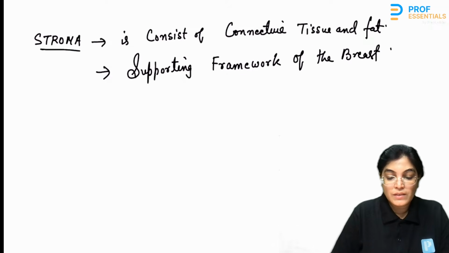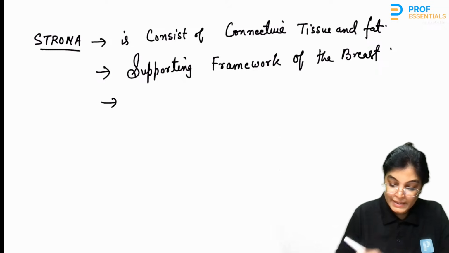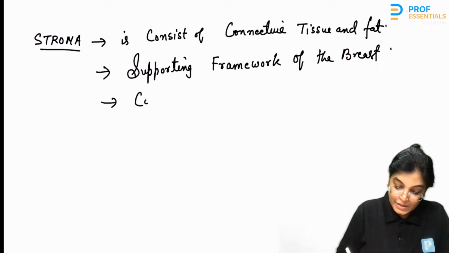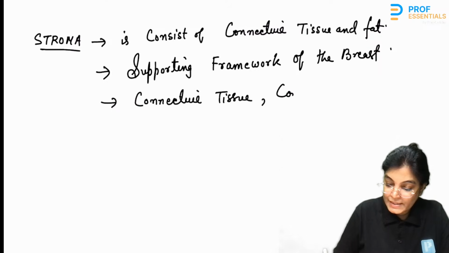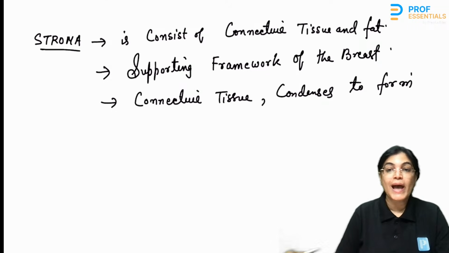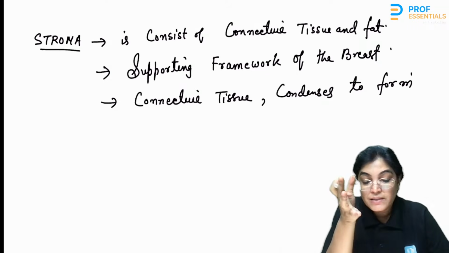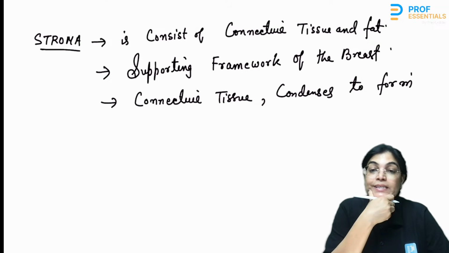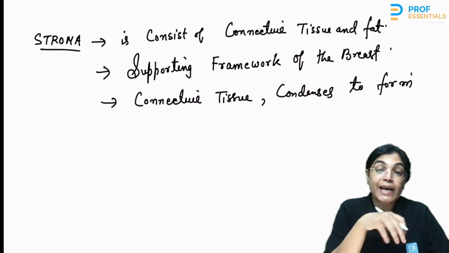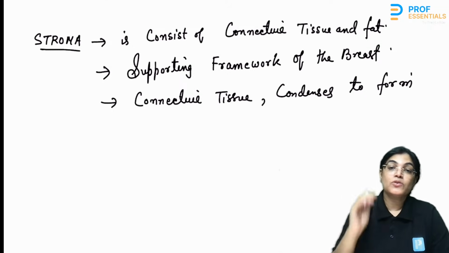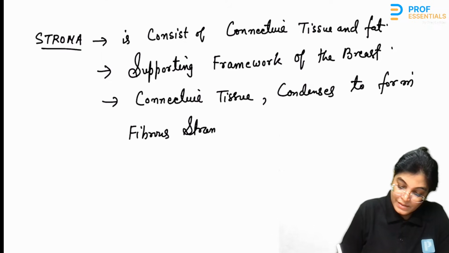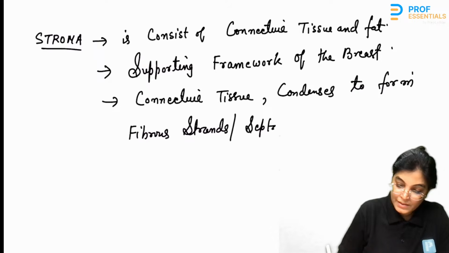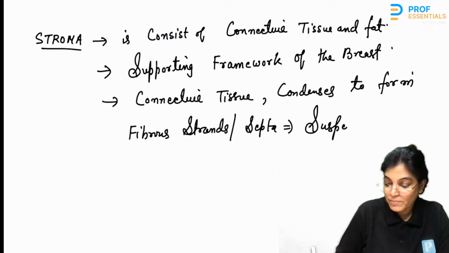Now the other important point is that the connective tissue condenses to form fibrous strands or septa, which increase the support system of the breast or mammary gland, termed the suspensory ligament of Cooper.